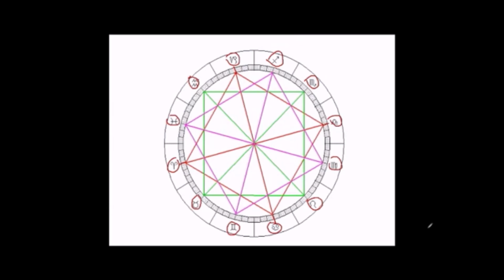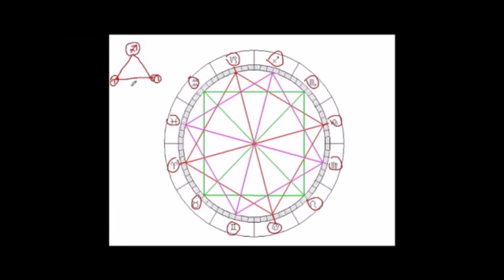So likewise with the elements. You have Aries, Leo, and Sagittarius, for example. Those are the fire signs. Aries is cardinal fire. Leo is fixed fire.